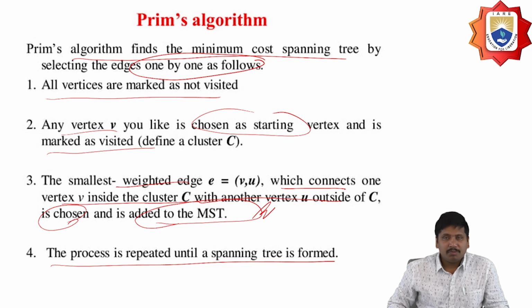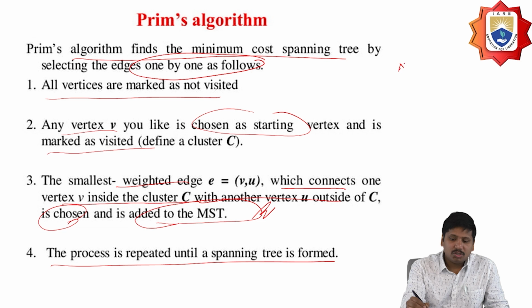So the Prim's algorithm is entirely different. This one is also used to find the minimum cost spanning tree by selecting all the edges one by one. First of all, all the vertices should be marked as not visited initially.